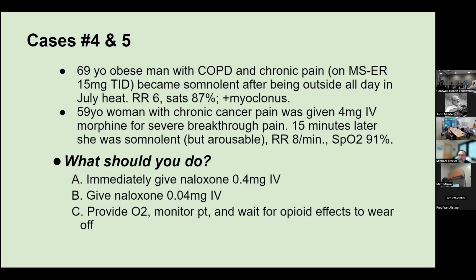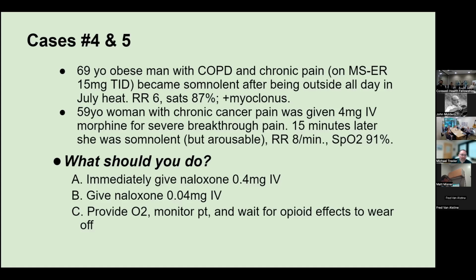Is there any risk of throwing them into opioid withdrawal? Yeah, especially if they're taking it chronically. So B would be a better choice for the 69-year-old man with COPD and chronic pain. How about the lady with cancer pain who's just a little bit sleepy and SATs are okay? They're above 90.